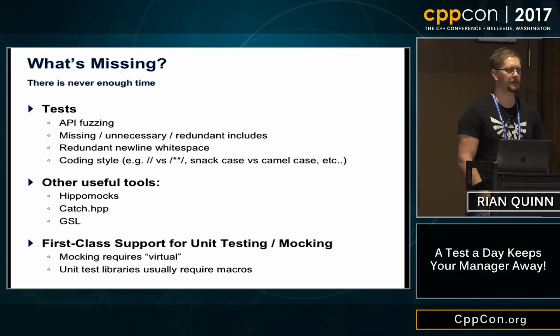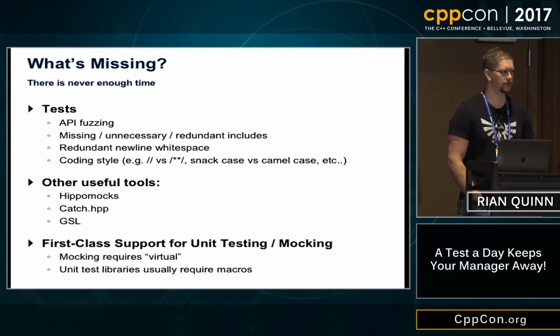And then I will make a comment for any committee members that are watching this presentation. It would be fantastic if we had first-class support for unit testing and mocking within C++. If you've ever used these tools, it's very obvious that we don't. A good example is if you want to use a mocking library, you pretty much are required to mark everything virtual. Well, that's horrible.